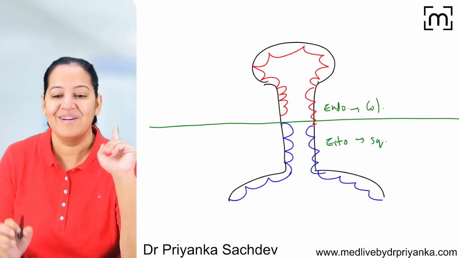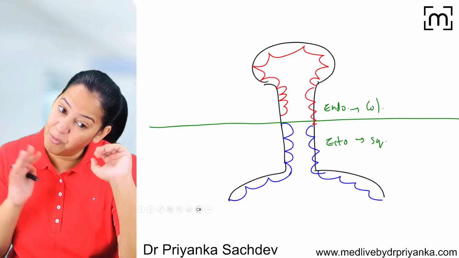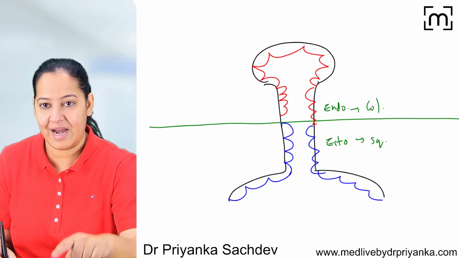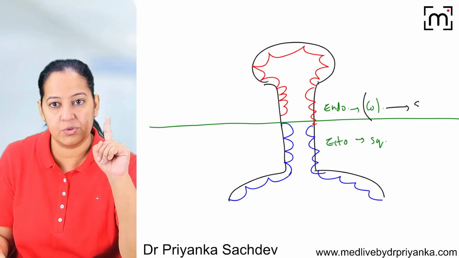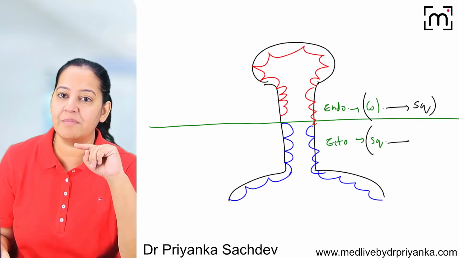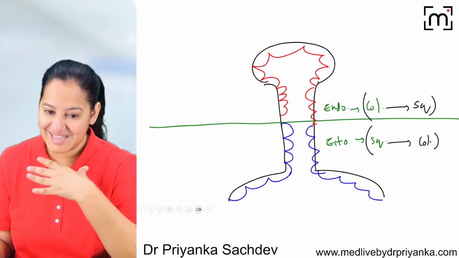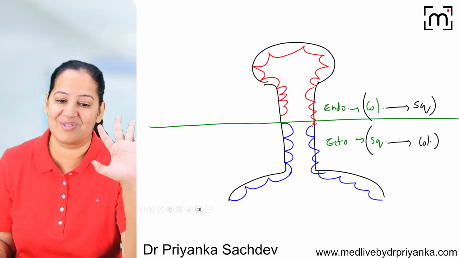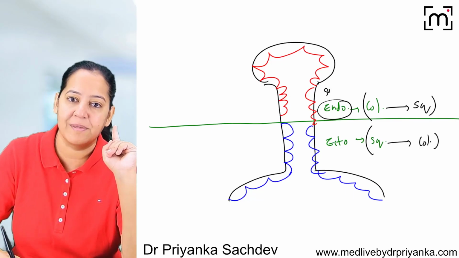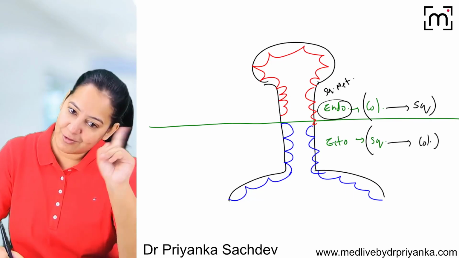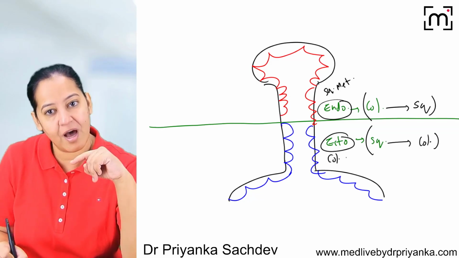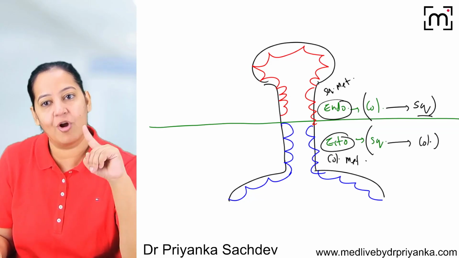So the cervix will come in both metaplasias. In the endocervix, the columnar converts into squamous because of stress, and in the ectocervix, squamous converts to columnar. In both of them, the stress is different. So the endocervix is an example of squamous metaplasia because finally squamous is formed. And the ectocervix is an example of columnar metaplasia because finally columnar is formed.